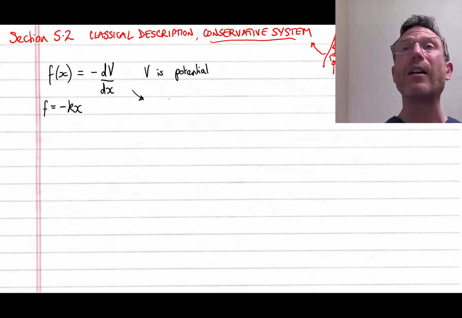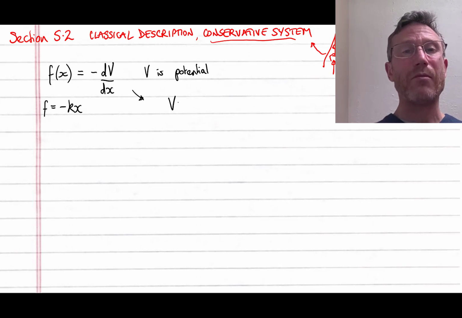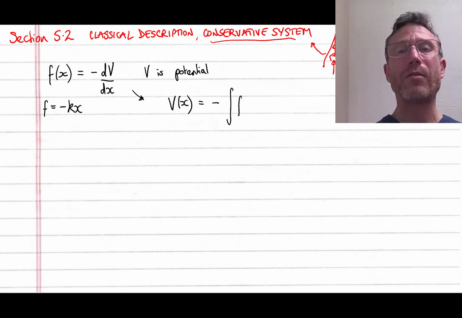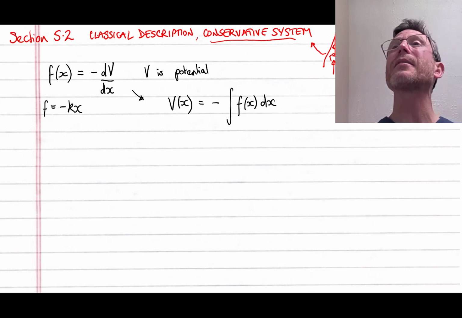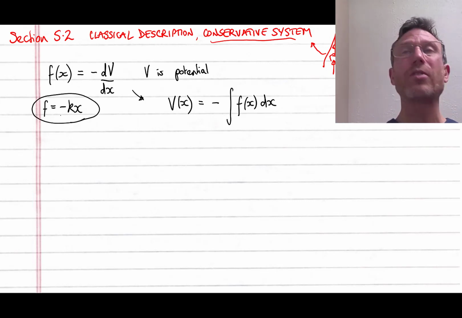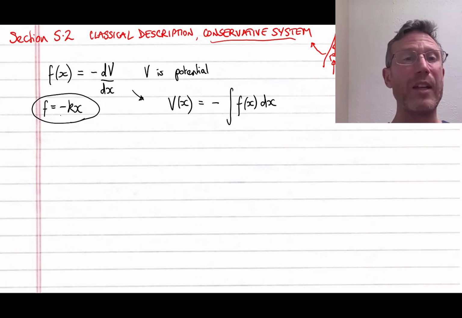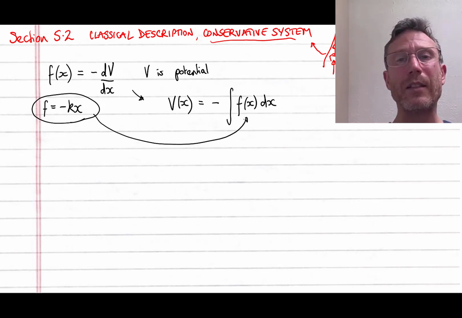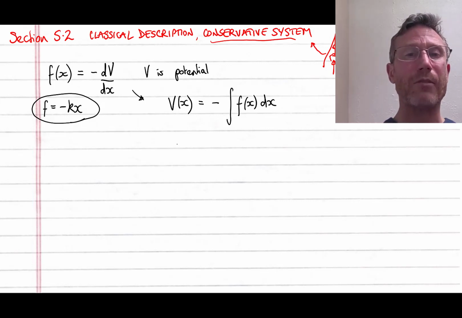And so what do we do with this now? Let's actually take our force. Let's recognize that V of x is equal to minus the integral of f of x with respect to x. And again, we've got our Hooke's law expression, so we're going to simply plug that in here and do that integration.